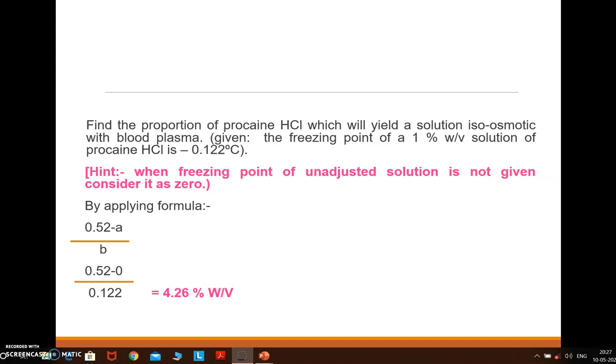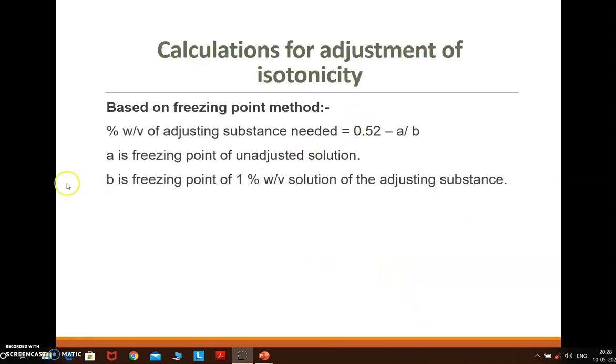I have provided a hint here: when the freezing point of the unadjusted solution is not given, consider it as 0. That is, procaine hydrochloride is going to be the adjusting solution, that would be B, whereas you don't have any unadjusted solution, that is A. Moving back, A is the freezing point of the unadjusted solution, whereas B is the freezing point of a 1% weight by volume solution of the adjusting substance.